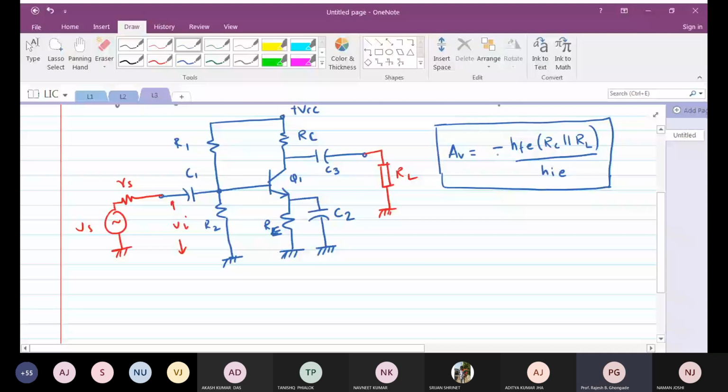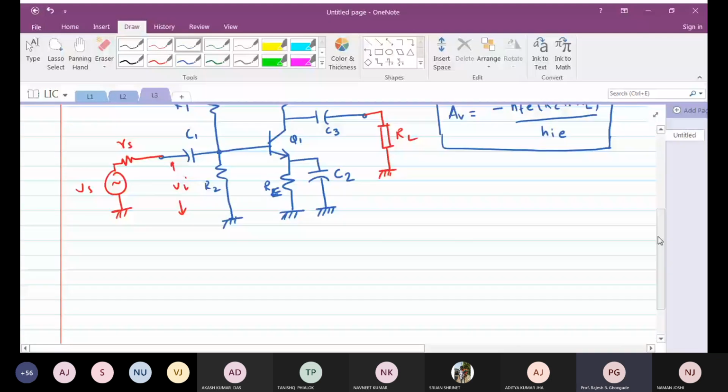Can anyone tell me? Suppose you want to design such a circuit. You have already designed such a circuit. You are supposed to manufacture 100 such units, 100 such amplifiers. What will be the problem? H parameters may not be the same every time.